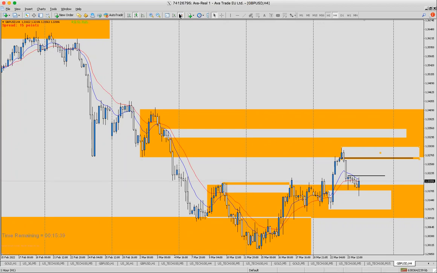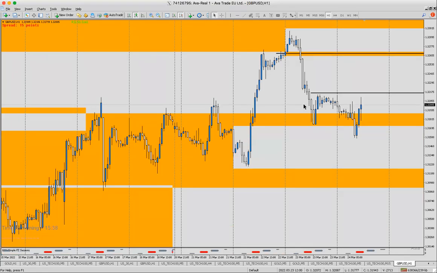Let's drop down to the hourly time frame. That's the 4 hour order block. It's already been respected. And inside of order blocks, you want to see that it's run stops inside of an order block.